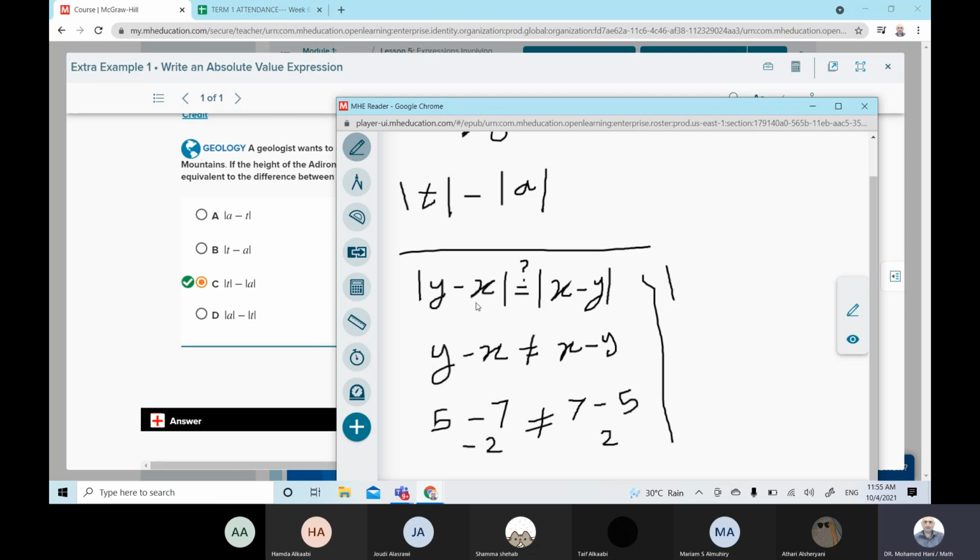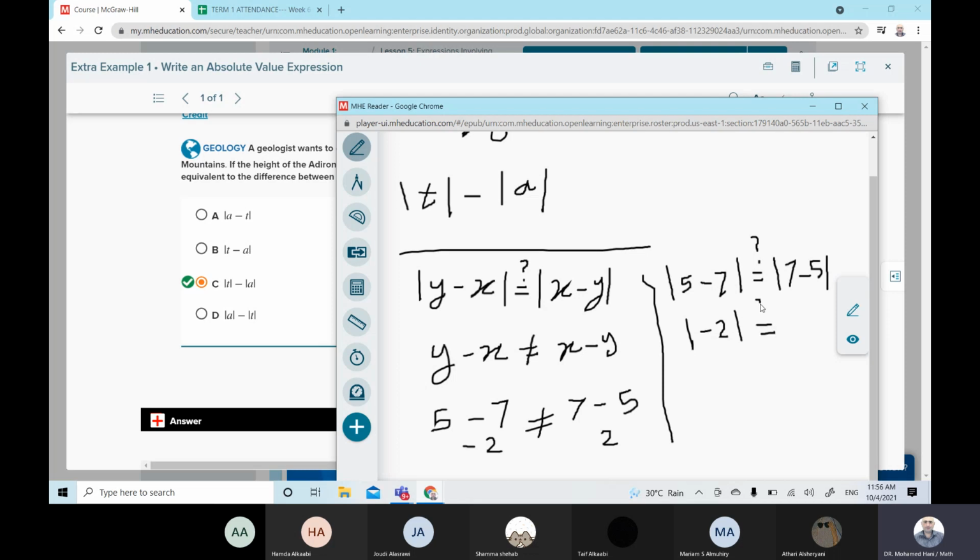Is the absolute value of Y minus X, 5 minus 7, equal to the absolute value of X minus Y, 7 minus 5? 5 minus 7 will be minus 2 inside the absolute value.